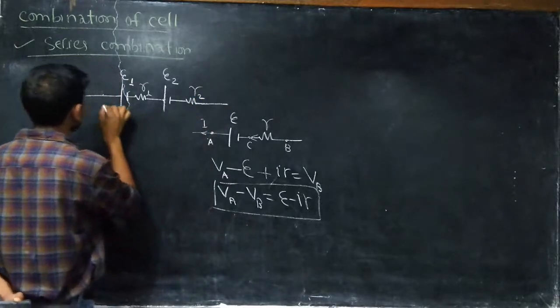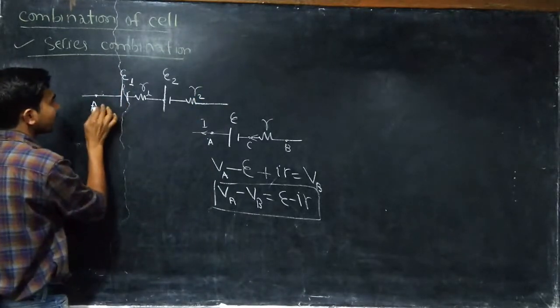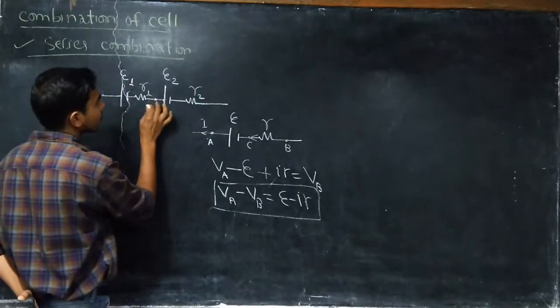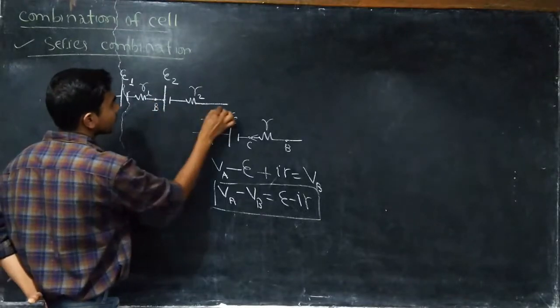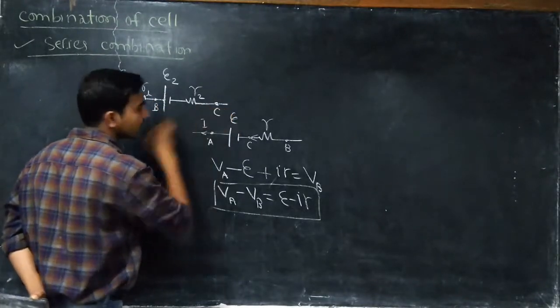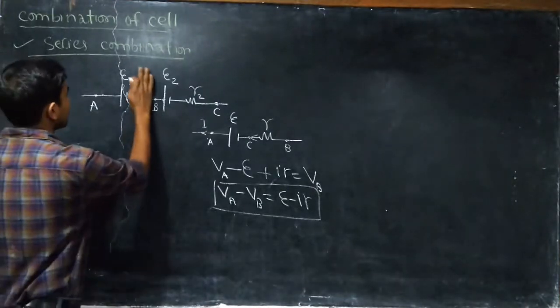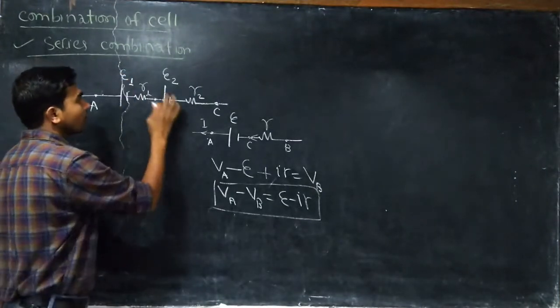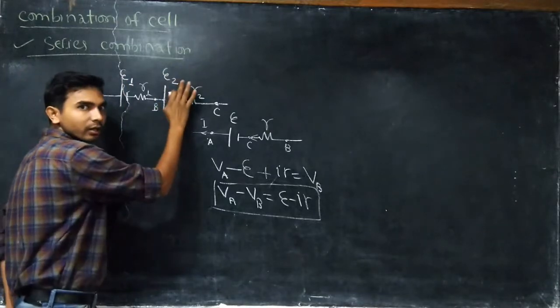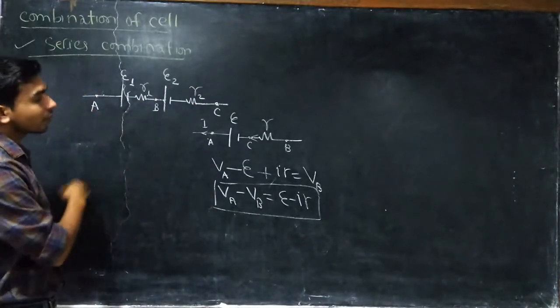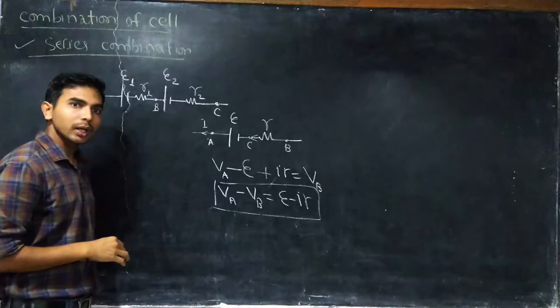Suppose this is your point A, this is your point B, this is your point C. This one is one cell, and this is another cell, and we are going to find the equivalent of this.